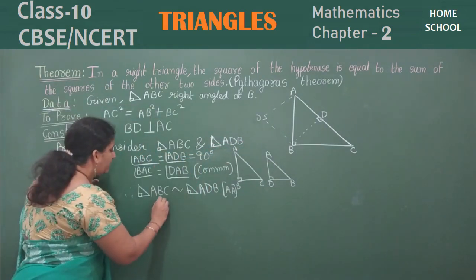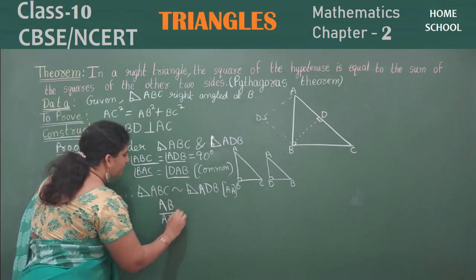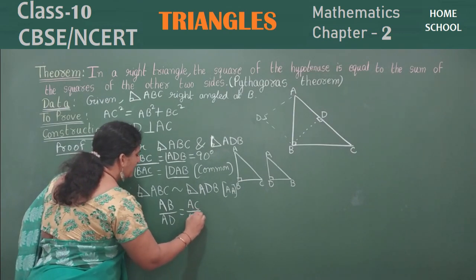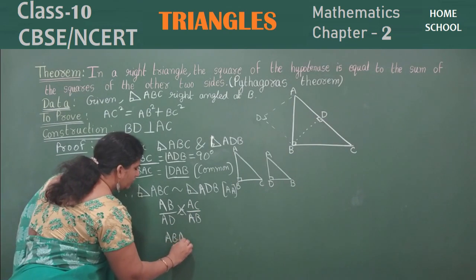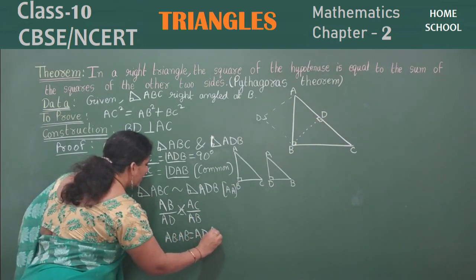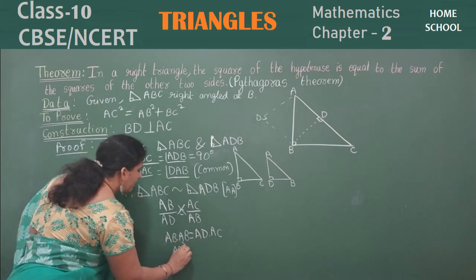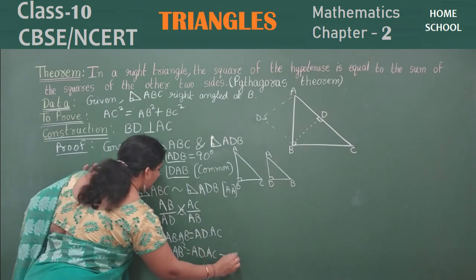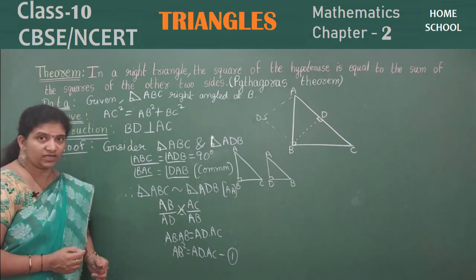So, let's take here AB by AD is equal to AC by AB. Now, cross multiply. AB into AB is equal to AD into AC. AB square is equal to AD into AC. Mark this first equation.